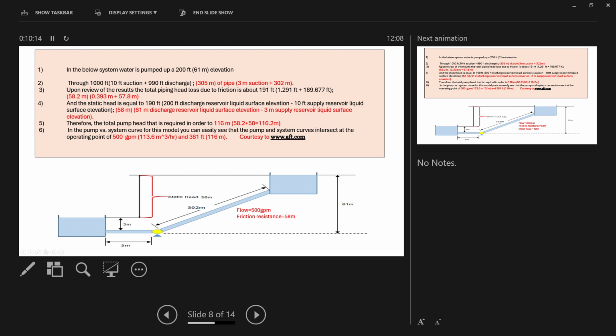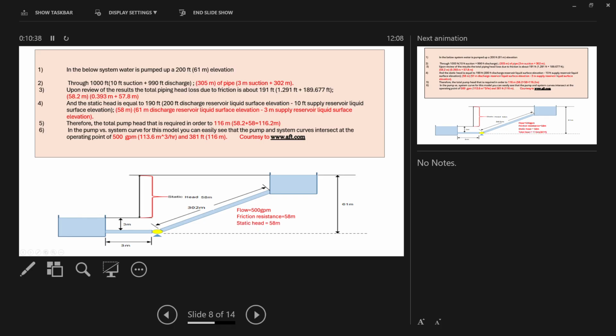When the fluid flows from this tank to the pump center line, it has to pass through the 3-meter line. The pressure drop there is 0.393. And for the high pressure discharge, when it passes through this 302-meter pipeline, the pressure drop will be 57.2 meter. If you add both, it will be 58.2.